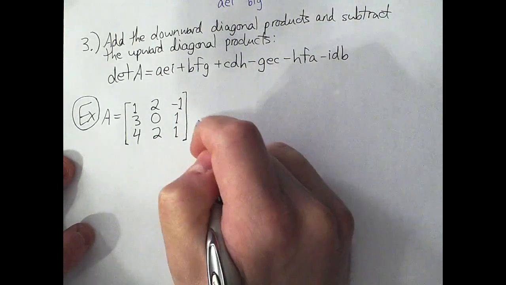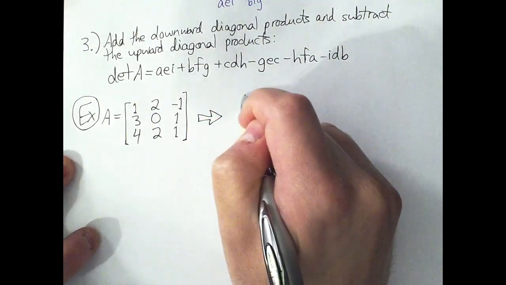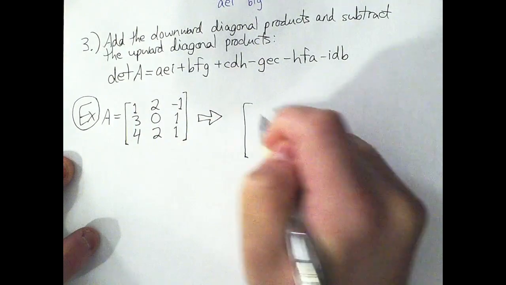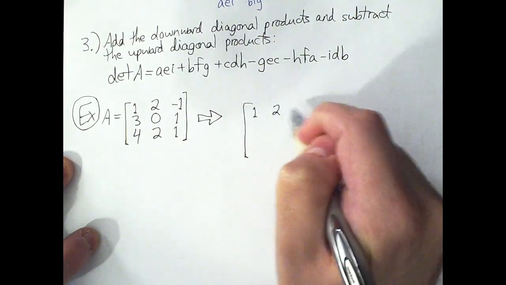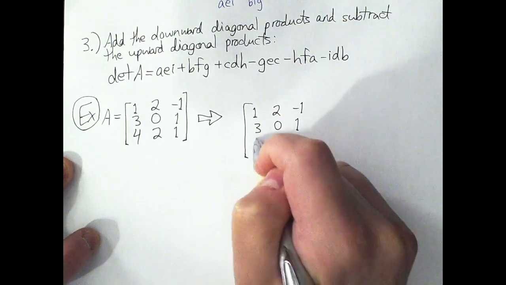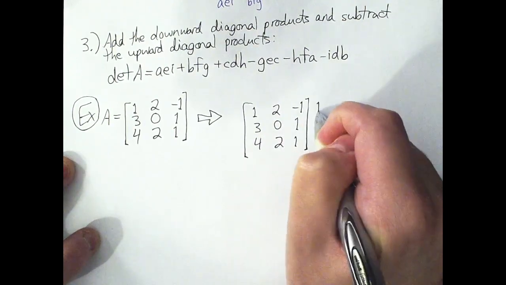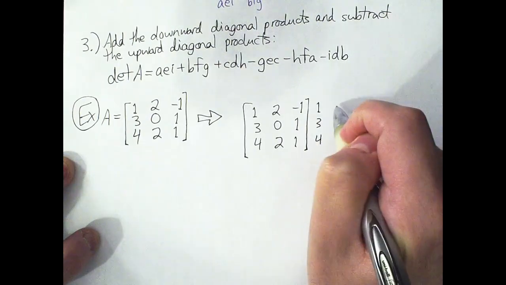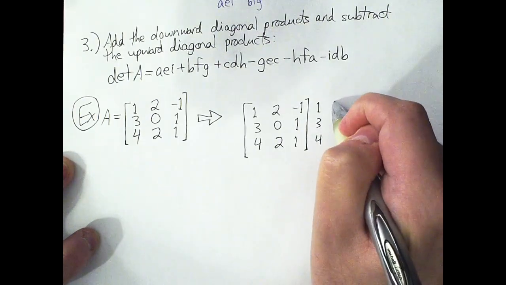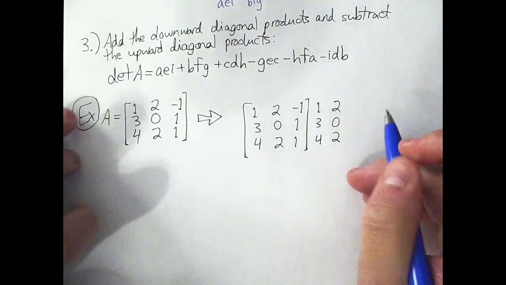So I'm going to write the matrix, leave myself some space for all the stuff that's going to go around it. 4, 2, 1. I'm going to copy row 1, 1, 3, 4. I'm sorry, column 1, and column 2, 2, 0, 2. And let's get started doing these diagonals.